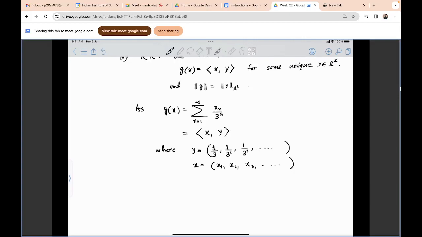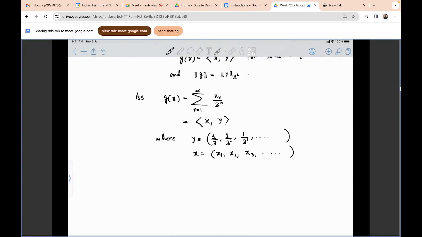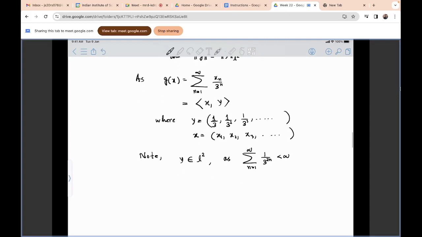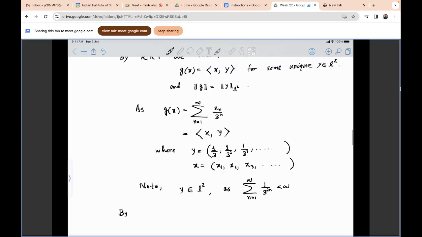If you take the inner product of x and y, you will get exactly this G. And note y is in L2, as the summation of 1 by 3 to the power 2n is finite.